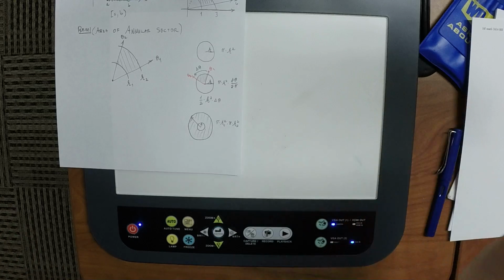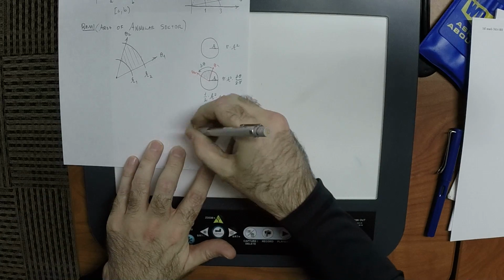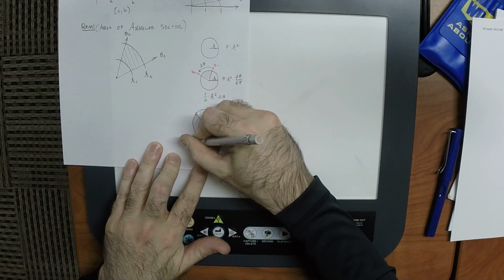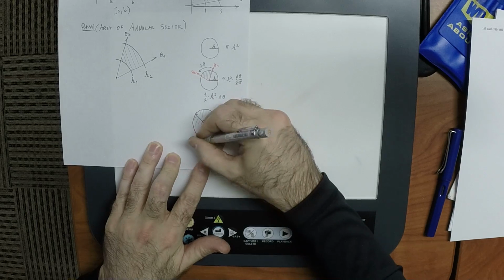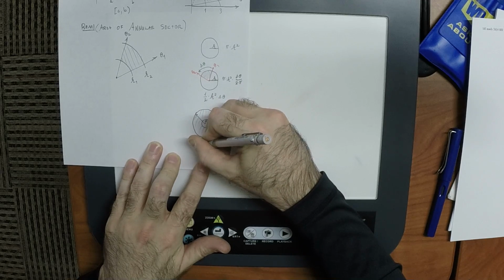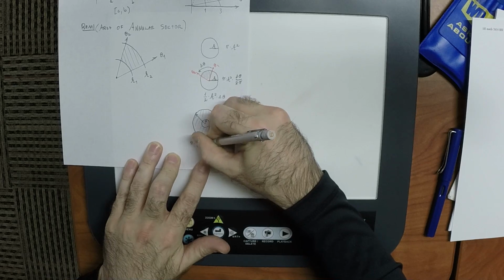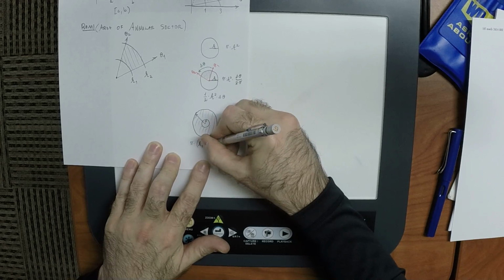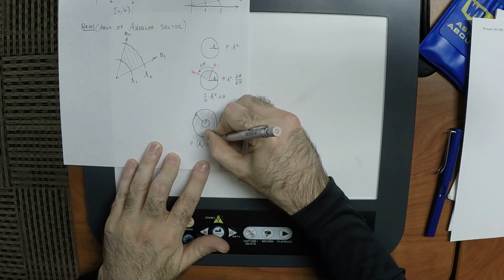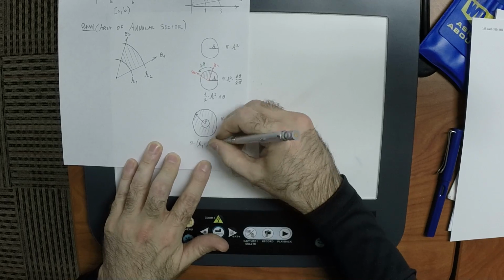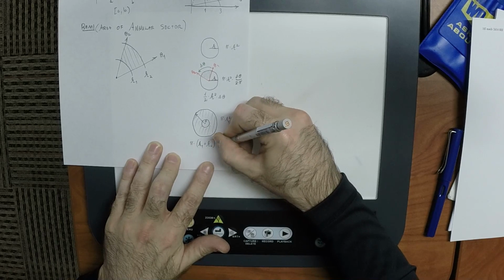That's the phrase there. So then you could say that the area is pi multiplied by the sum, r2 plus r1, multiplied by the difference, r2 minus r1.